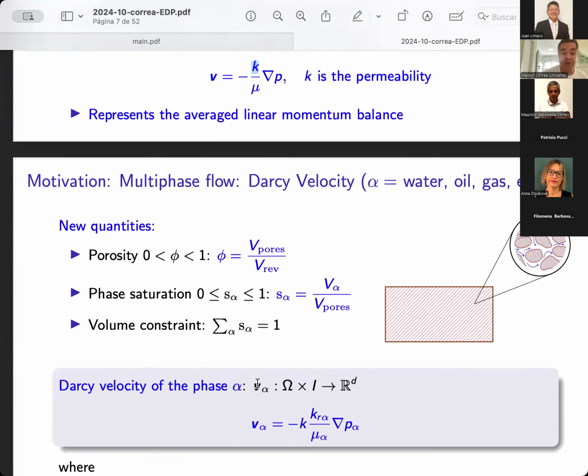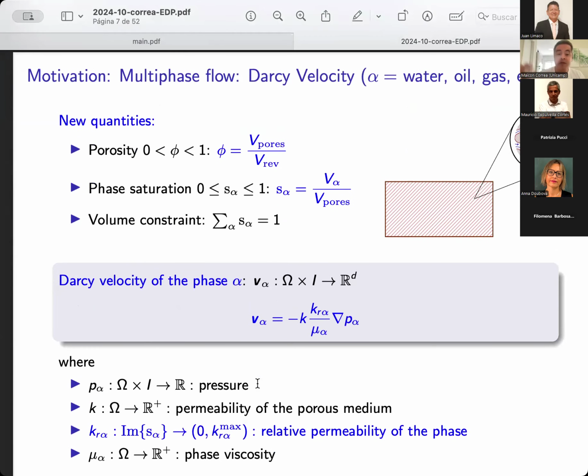Okay. And what happens when we go now to the case of multi-phase flow? So that equation, the Darcy law, is valid for a single phase flow. And now we are considering something new here. We are putting in lots of phases. So here, alpha represents the flowing phase.